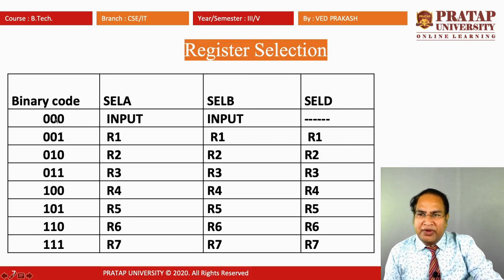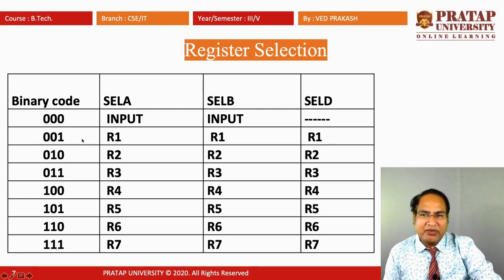Here we give the binary codes for selecting the required register. If we give 000, then the input is selected. When we want to select register R1 from multiplexer A, or in other words we want to get the input from register R1 through the multiplexer, we give the binary code 001.